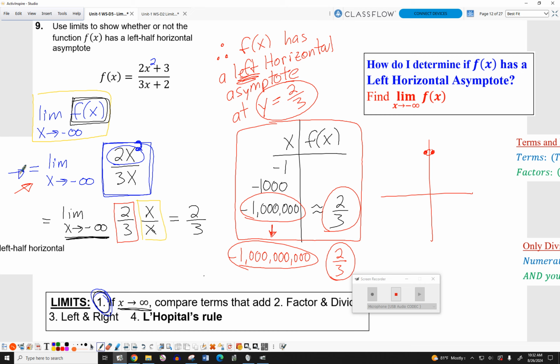Would we have ended up with this blue box if we had started with this black box? Or would we have ended up with something different because of the square? Would we get from black to blue? Would it be what I just drew, with a little 2 there, or would something else have happened when we compared terms that add?